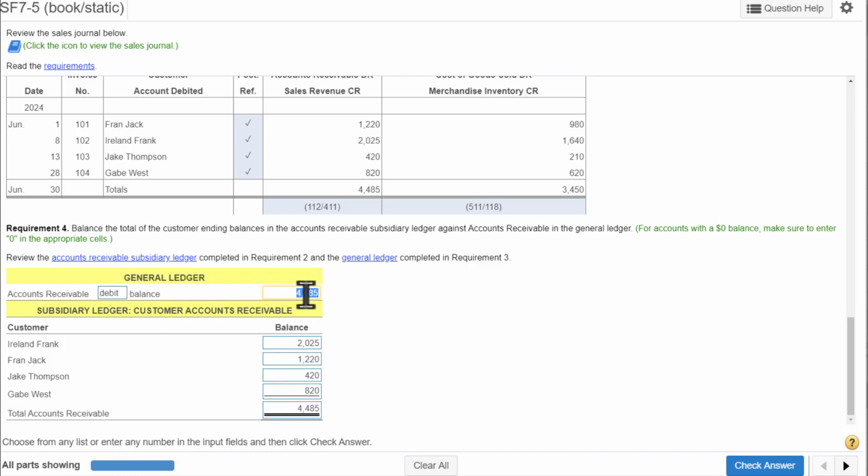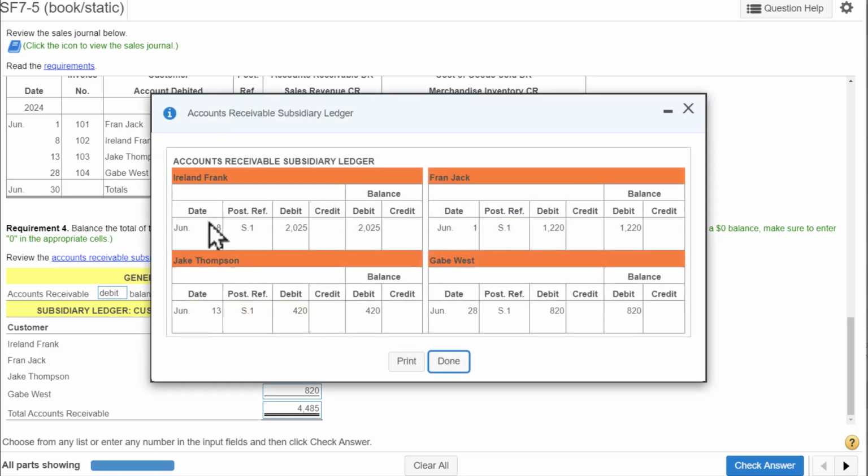So really, if you went to the ledger, you'd be able to tell your boss, well, customers owe us 4485. But if your boss asked us, well, how much does Jake Thompson owe us? We would go to the subledger and say, Jake Thompson owes us 420. So that's the purpose of the subledger, is just showing the individual amounts.